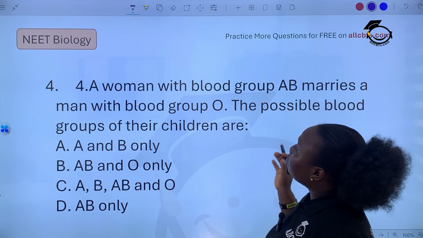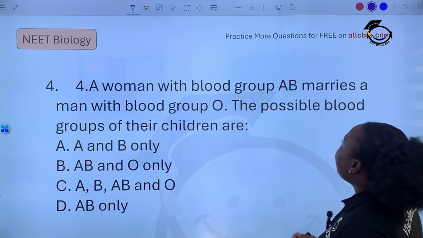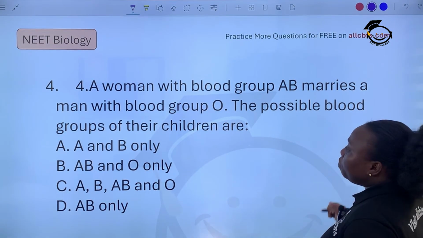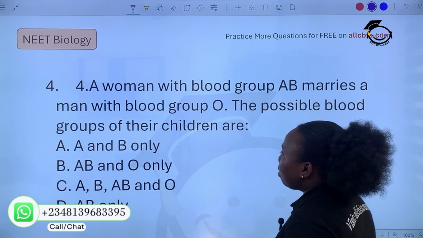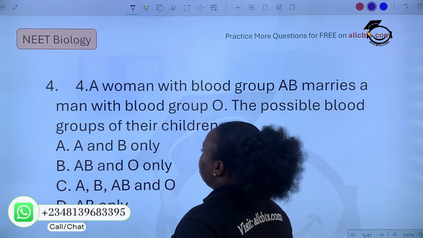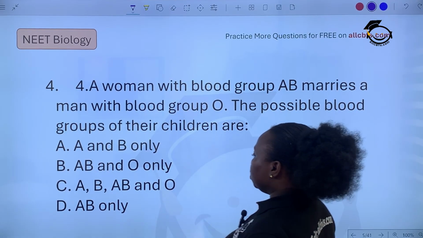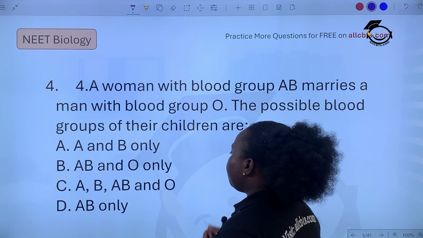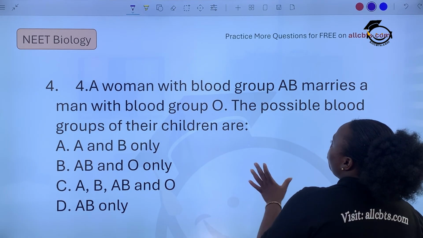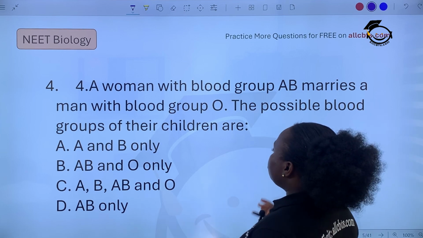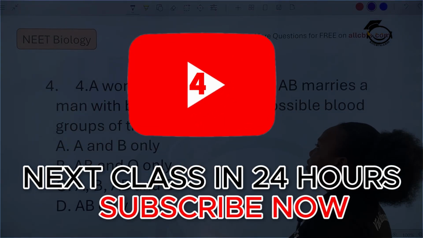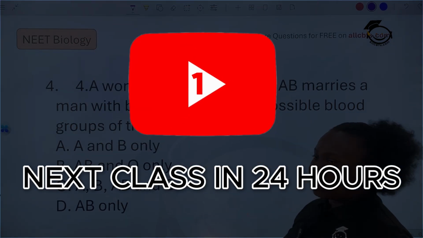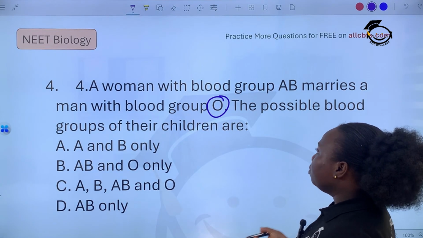Number 4, a woman with blood group AB marries a man with blood group O. The possible blood groups of their children are: A, A and B only; B, B, AB and O only; C, AB and O; D, AB only. When you see a question like this, just know that you are going to cross. Note that O is always a recessive gene.